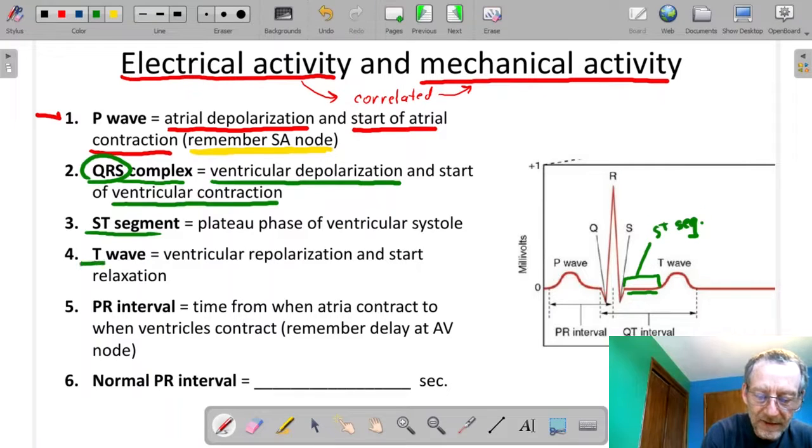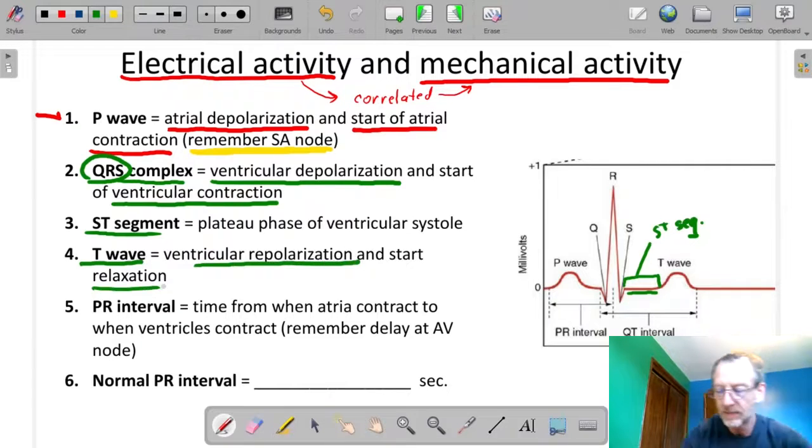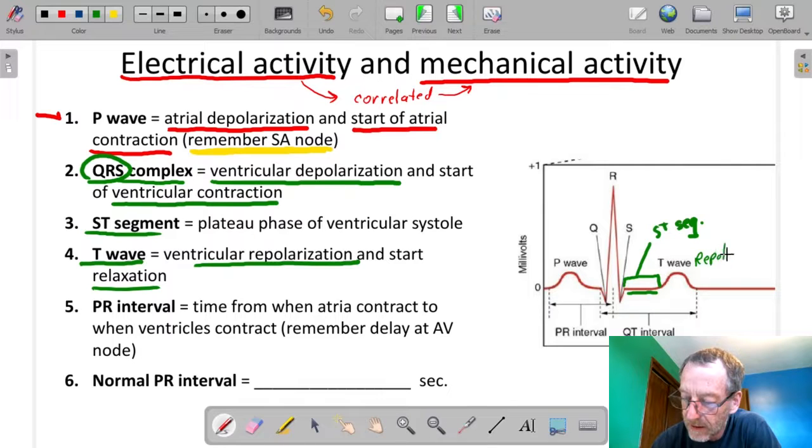And then the T wave is associated with ventricular repolarization and relaxation. So during the T wave is when the ventricles are repolarizing and relaxing. And that leads to relaxing or diastole. And then we are back to this period of rest. Heart's not beating. Then you'd start over with another P wave.